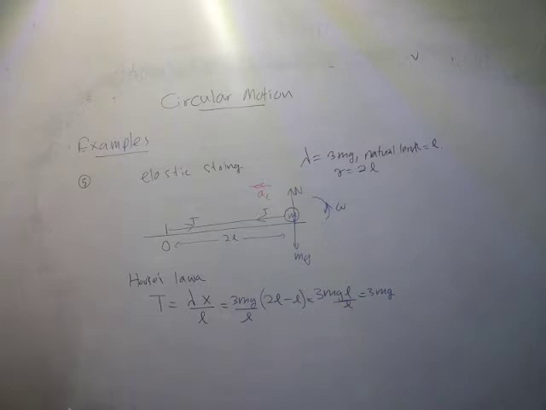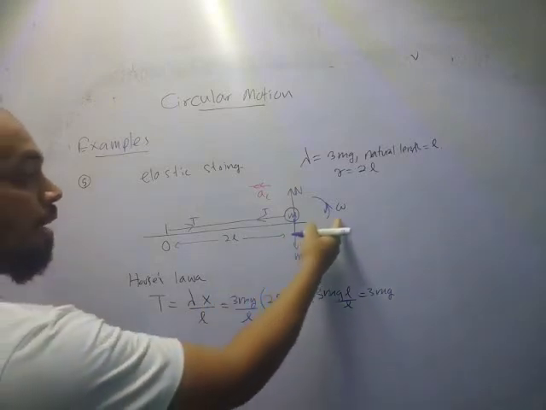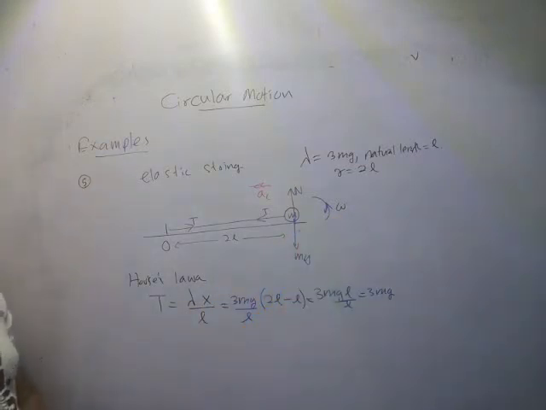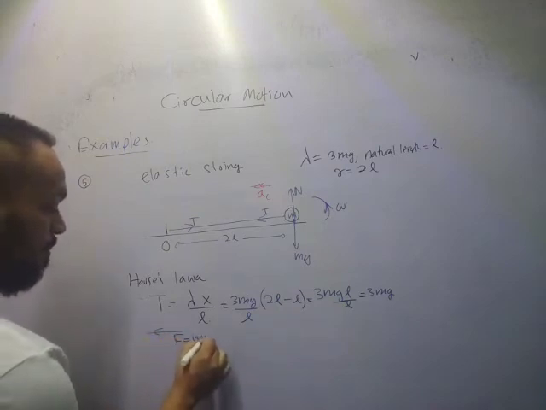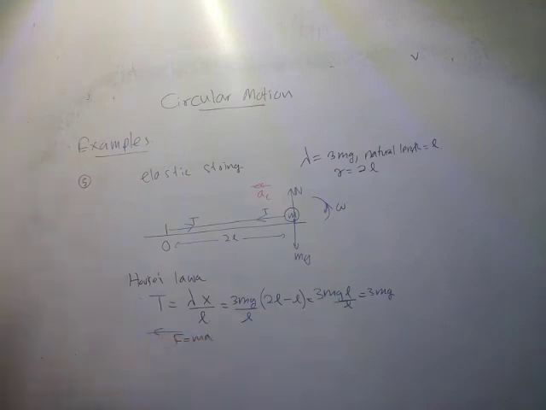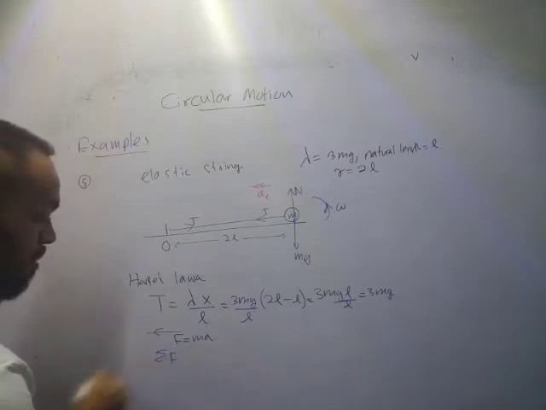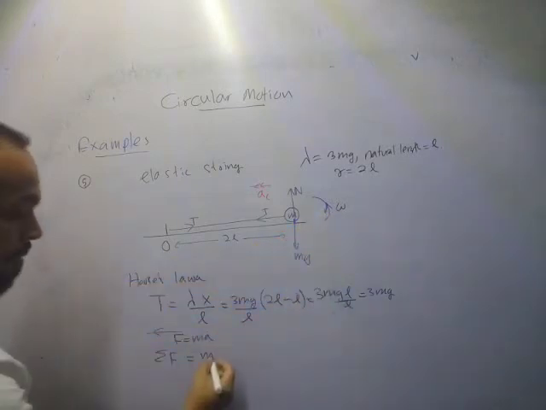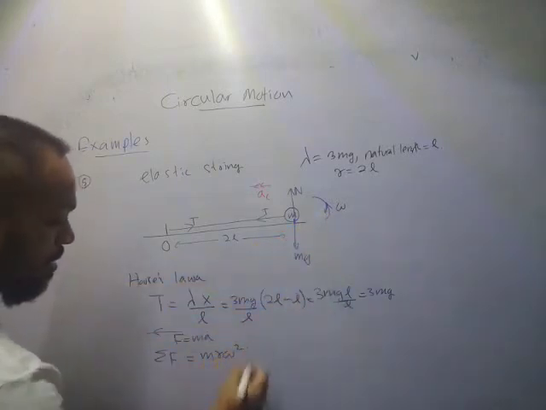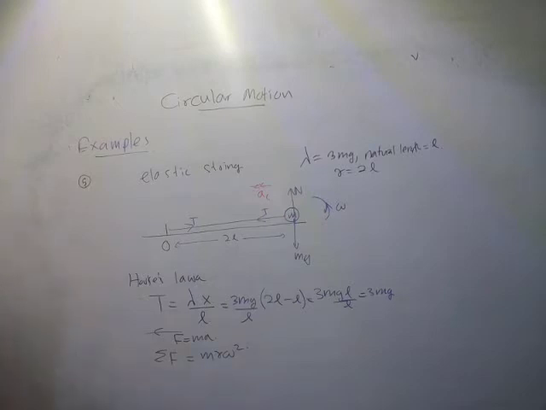So now they are asking us to find the angular velocity omega. To find it, we put F equal ma, right, in this direction. So all force components should be what? Since we are going for angular velocity, I'm going to use R omega square. This is the formula I'm going to use.